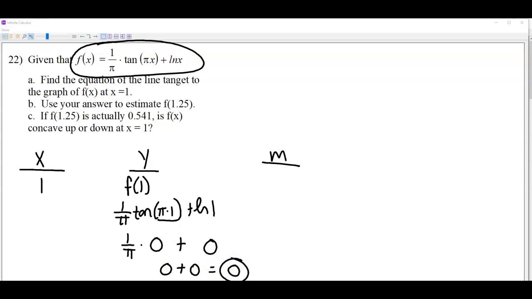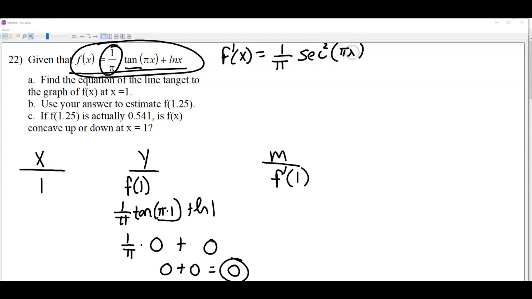Let's find the m value. The m can be found by finding the derivative of f and plugging in the x value. All right, so we need to find the derivative of this thing up here. To find the derivative of f, the constant multiple stays there. It's not going to change. The derivative of tangent is secant squared.